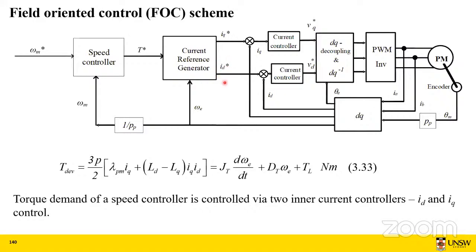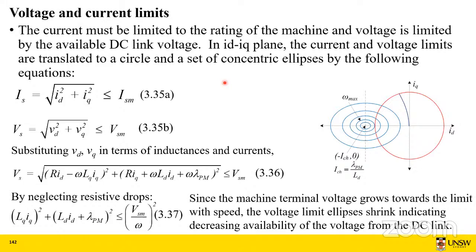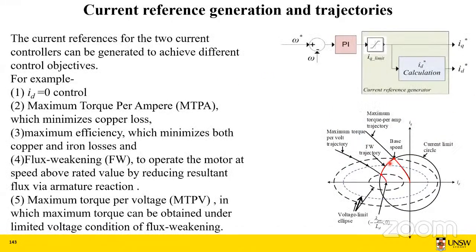If it is flux weakening, then the ID current will increase according to the flux weakening trajectory here, based on what speed you are at. And the last one is, you can also get maximum torque with limited voltage if you operate along that third trajectory.